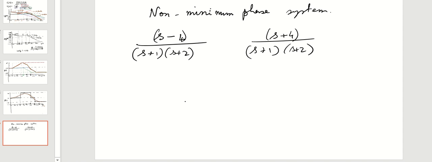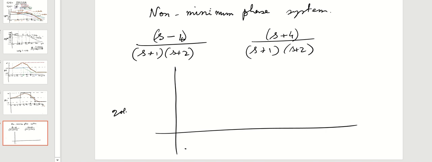Now with our newly gained insight, we don't need to draw those individual components, but let's say we are drawing this 20 log M in dB. What does this imply? So this is a 0 dB line, this is minus 20, this is minus 40, and this is 20 and this is 40.